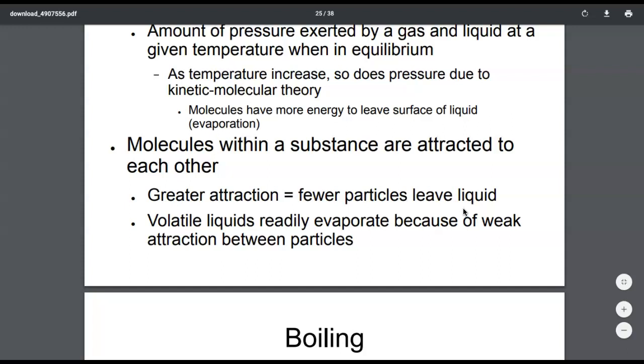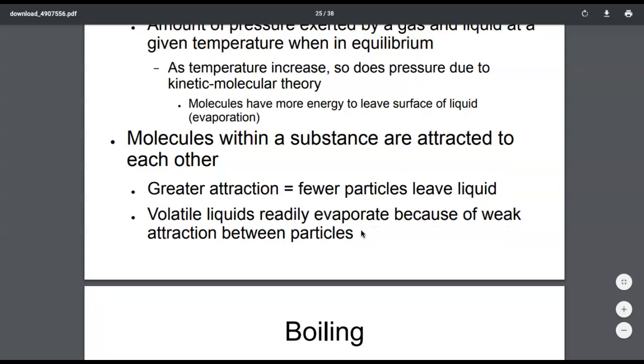Because of that attractive dipole-dipole force, there's greater attraction, which means fewer particles will leave the liquid. It requires more energy for a particular particle of water to leave its liquid state. Volatile liquids readily evaporate because they don't have strong attraction between the particles. Methane would be an example of that.